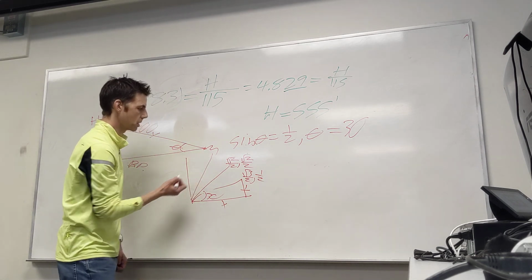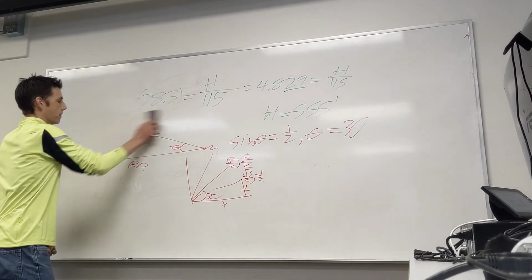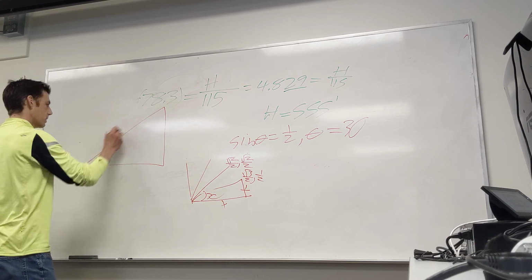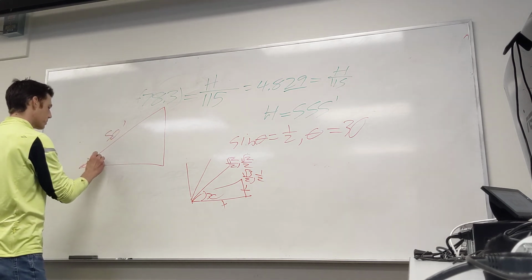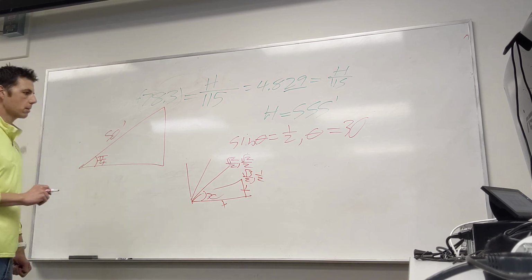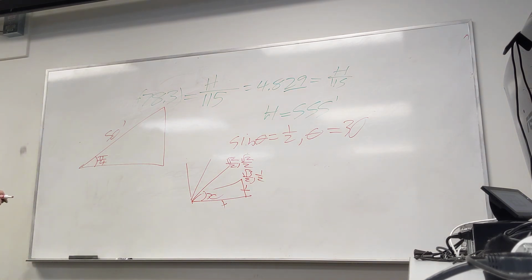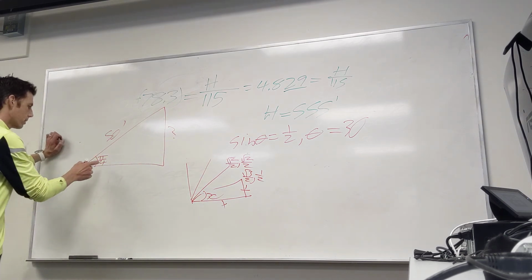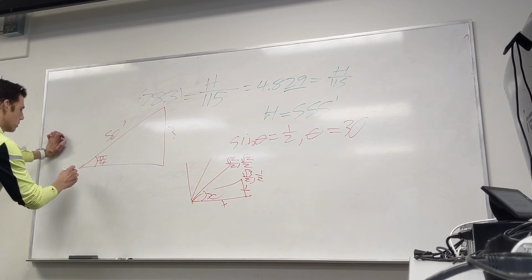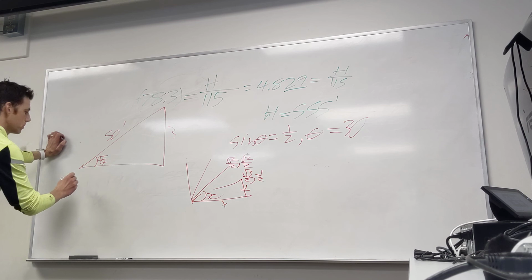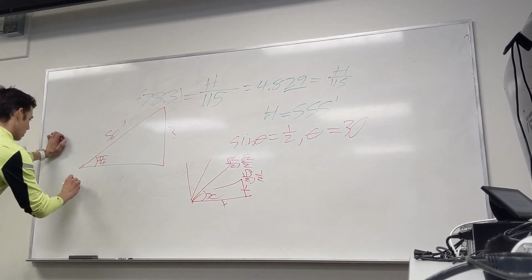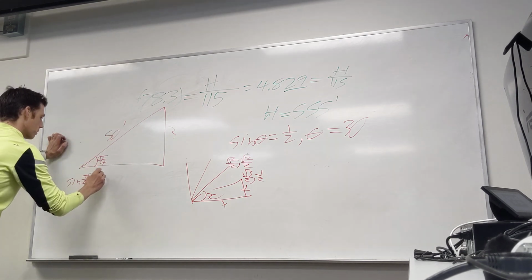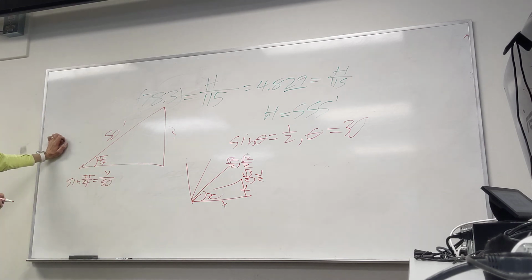And then I've got 60 degrees. And by the way, if I have a triangle where this is 50 feet, and this angle is pi over 4, what is this side? Well, the sine of pi over 4 equals this over 50, right?